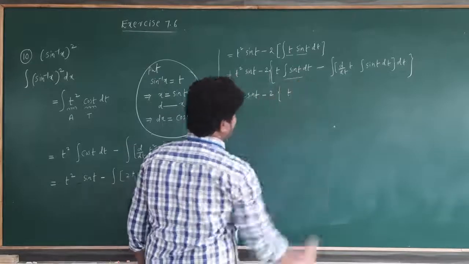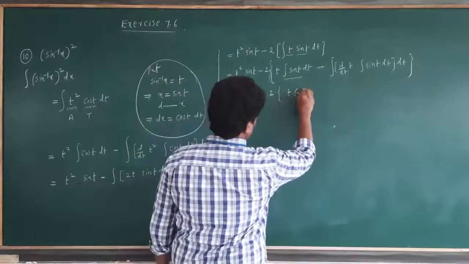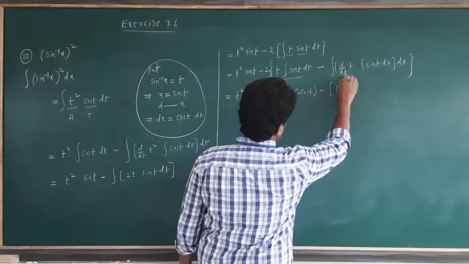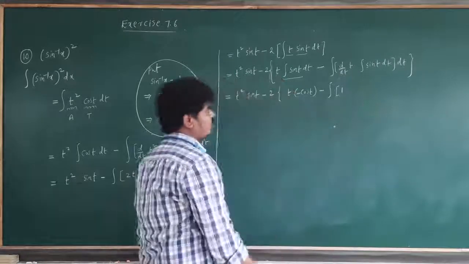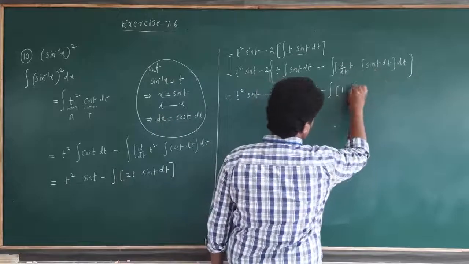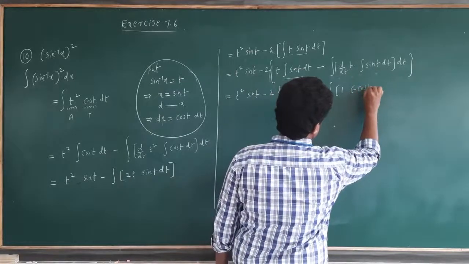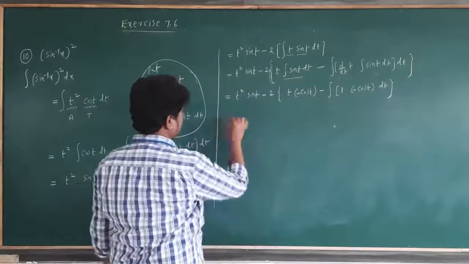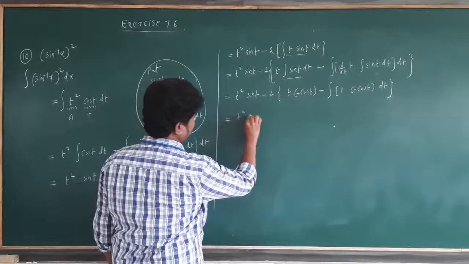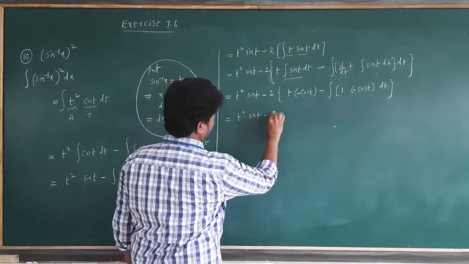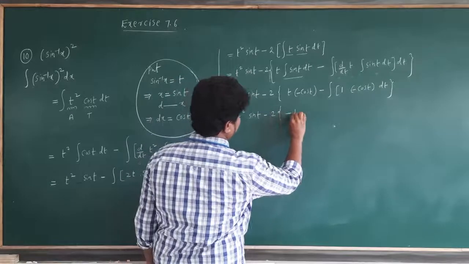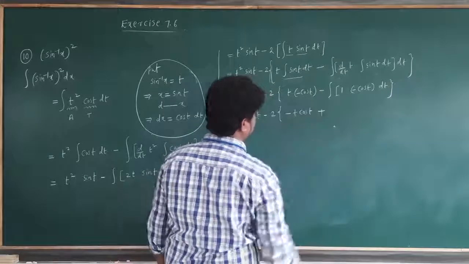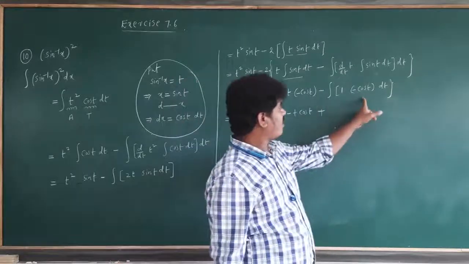The integral of sin t is minus cos t, minus the integral of the derivative of t, which is 1 with respect to t. Okay? Now the integral of sin t is minus cos t dt. Now this is equal to t square sin t minus 2 into minus t cos t, minus into minus plus, minus outside. Here the integral of cos t is sin t.